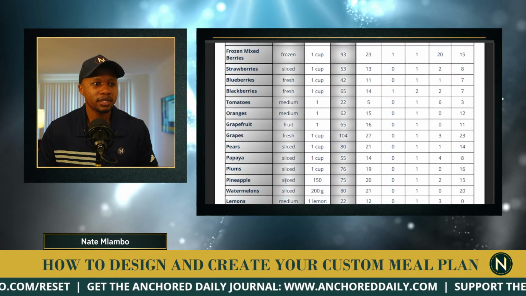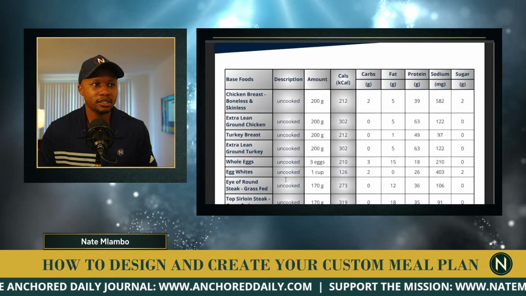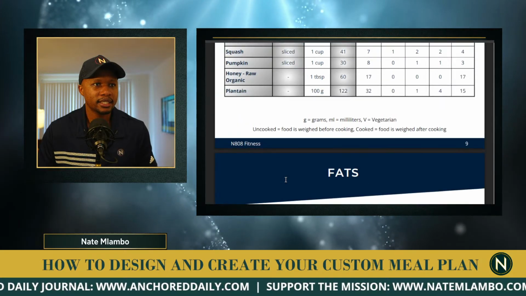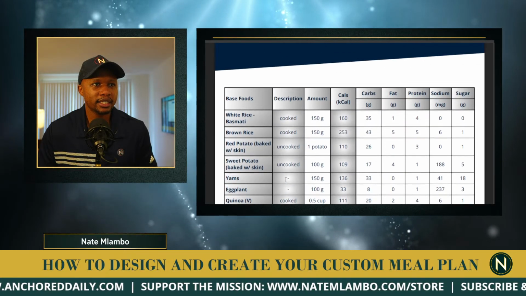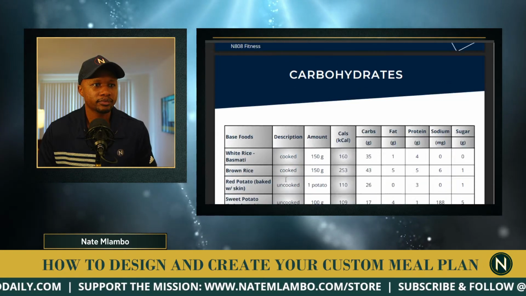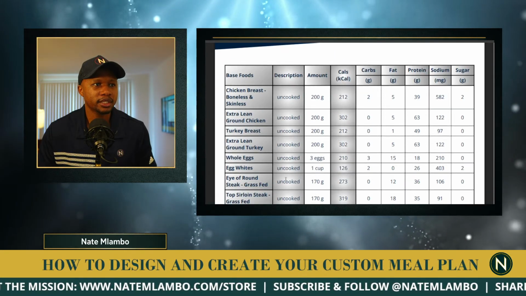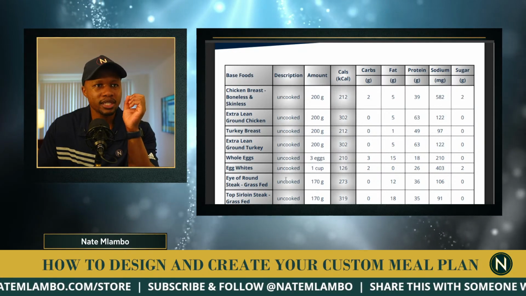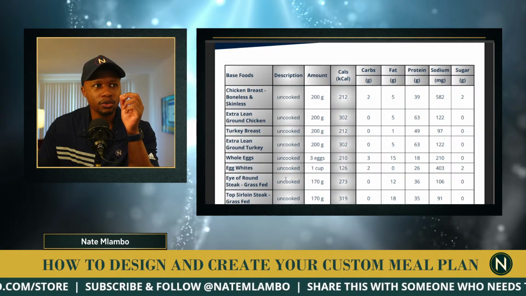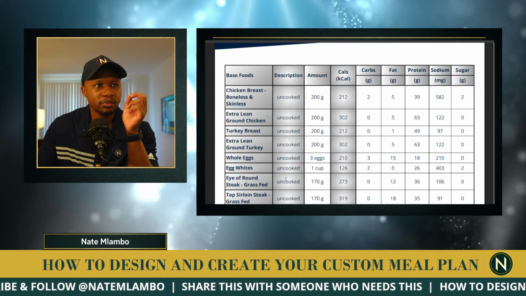So now we're going to go back to protein to see what we can add for a meal. Yeah, we got to go to protein. So you want to pick the protein choice that's going to help you reach your goals as fast as possible.